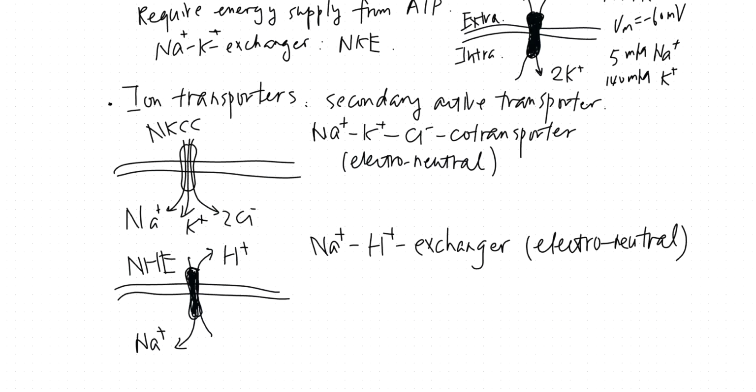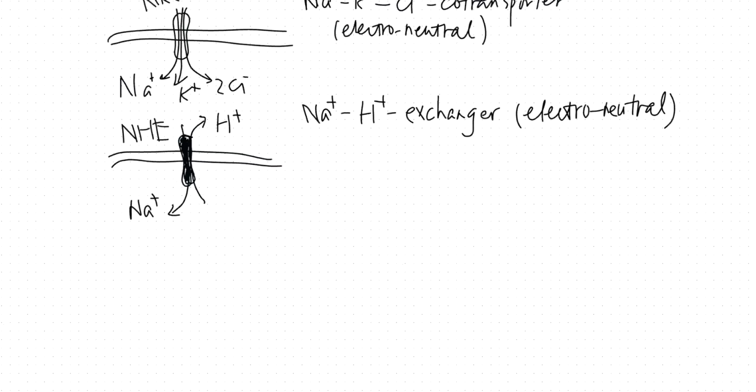Along with the ion channels, which are the passive transport mechanism we discussed last time, this time we discussed ion pumps and ion transporters. These three types of ion carriers are very common on the cell membrane, and each cell has different types of channels, pumps, and transporters, and they collectively maintain the homeostasis of the electrolytes inside the cell.